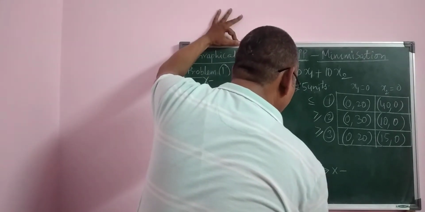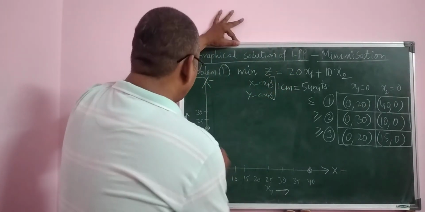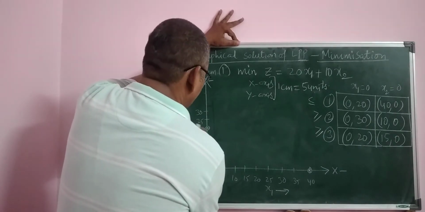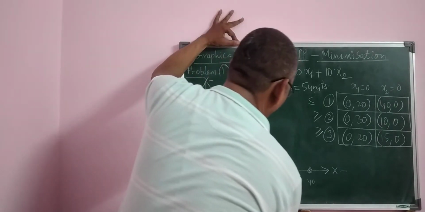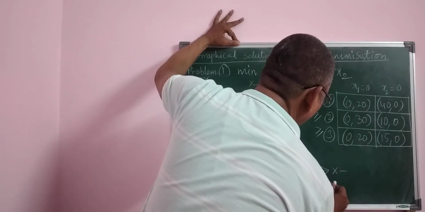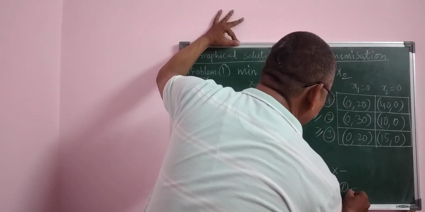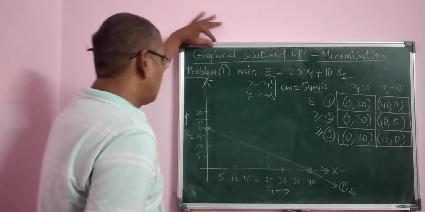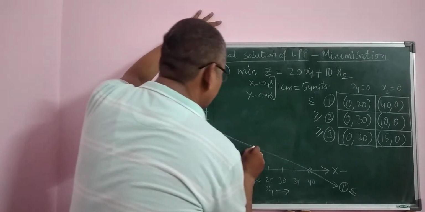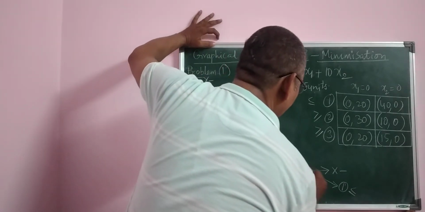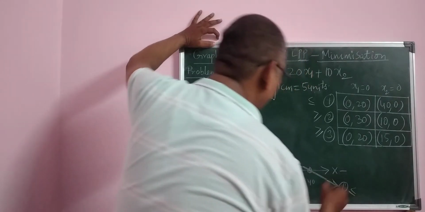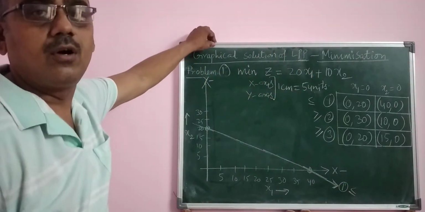Join these two points and we get a straight line. This is equation 1, it is less than or equal to. Please remember that it's not a curve or something, it is a straight line.